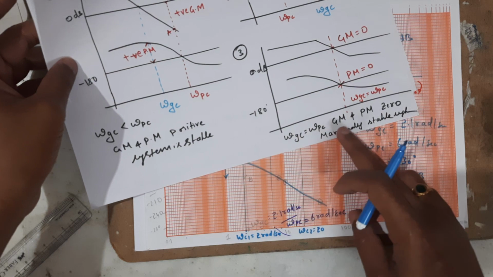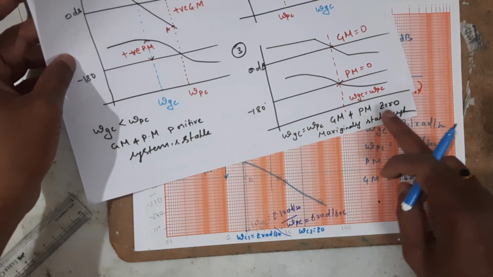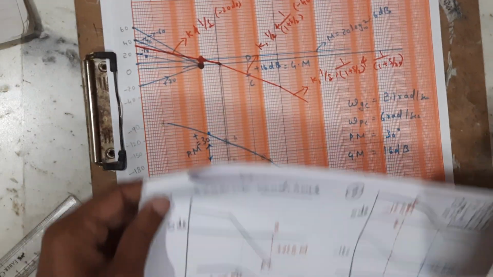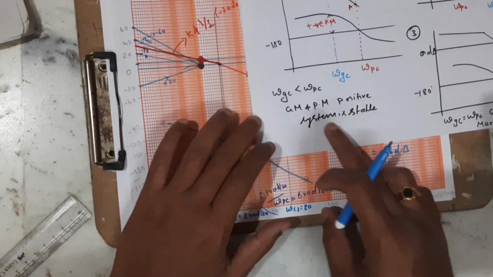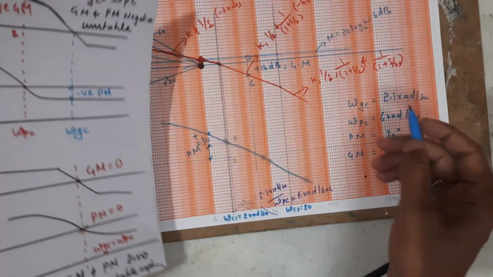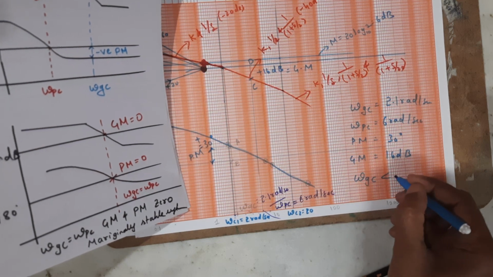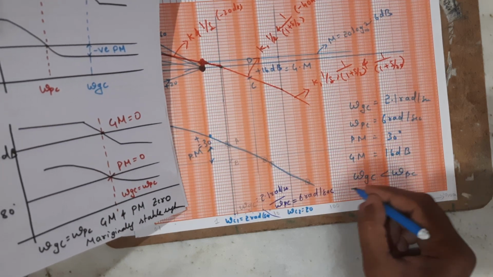Then omega GC is equal to omega PC, GM and PM are 0, then it is marginally stable. So in this case we are satisfying the first one, that is omega GC is less than omega PC. See, omega GC is less than omega PC, right?